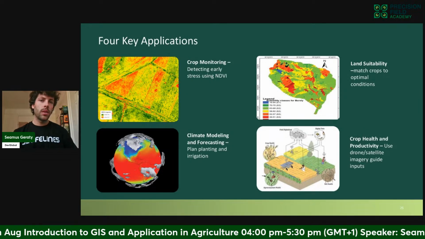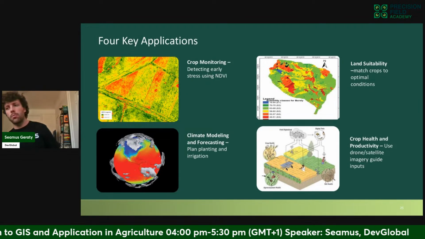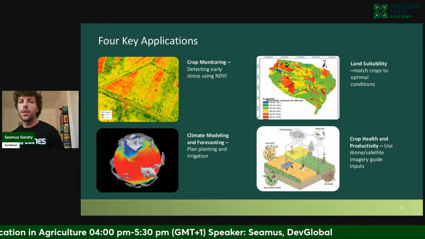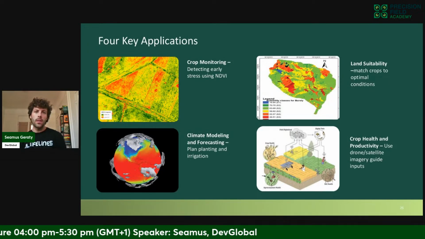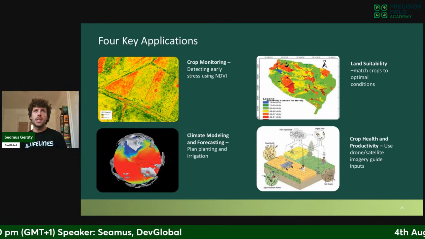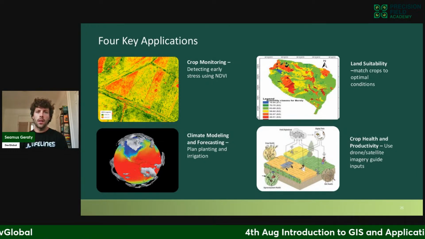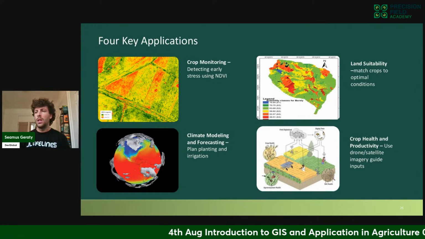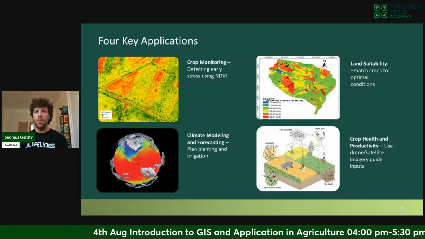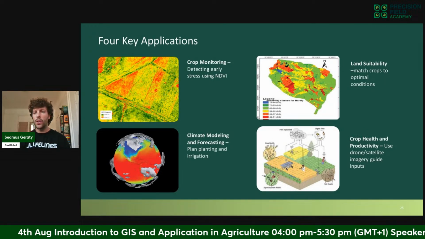And nowadays with modern computers, we can actually predict and model what things are going to look like in the future, especially as the climate warms or cools. We can understand what that impact might be by producing a model.